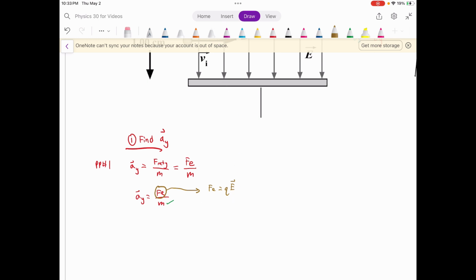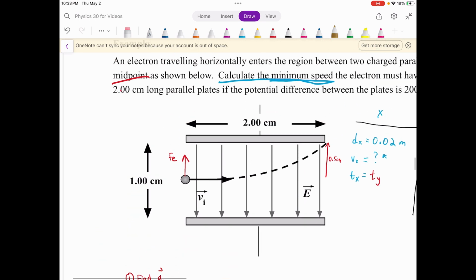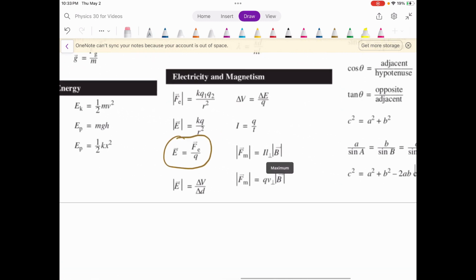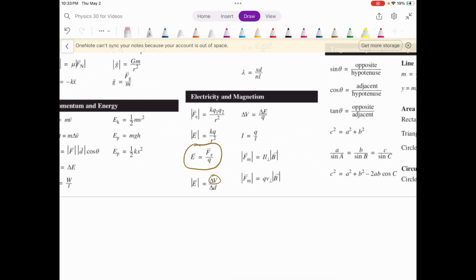So we can give up, or we can say, do we have the information we need to find the electric field? Well, we do know how far apart the plates are, and we know the voltage across them. We know the potential difference across the plates, and how much they're separated by. So hang on a sec. Voltage, distance between them, we can get the electric field.